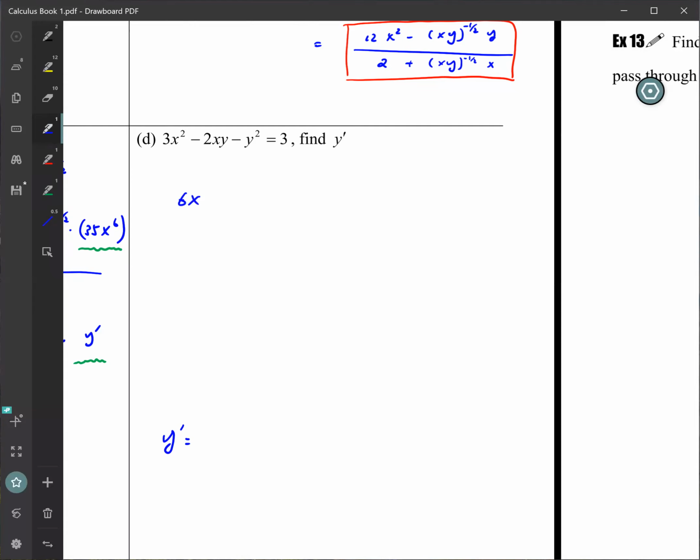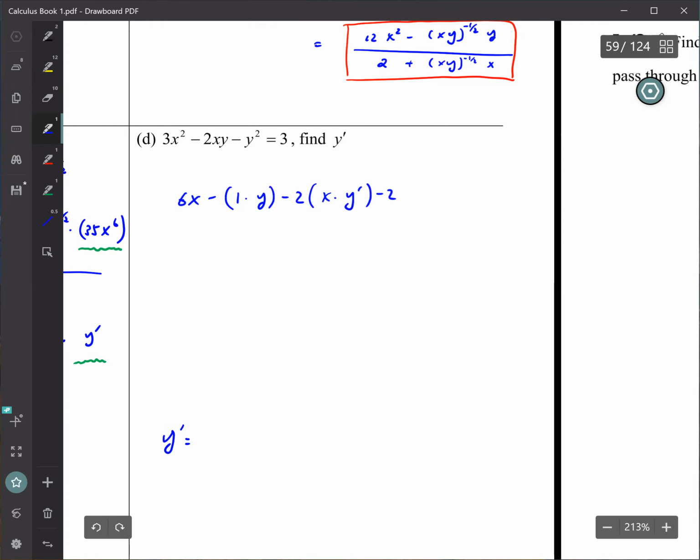This is where it gets iffy, but I have minus bracket 1 times y, close bracket, minus 2, open bracket x times y prime, and then minus 2, close bracket, minus 2, y times y prime equals 0.